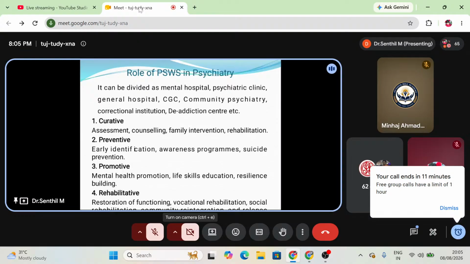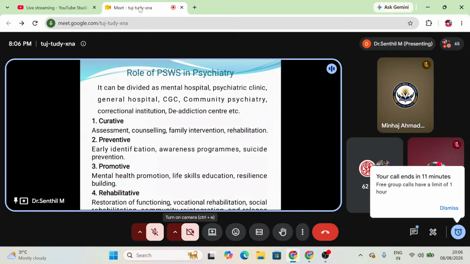So what is curative? The curative role focuses on the person who already has a mental health problem. So we begin with an intake interview. We do a proper interview to understand the patient's problem. And we also do a psychosocial assessment, which helps us understand the patient's problem in the psychosocial aspect so that we can provide psychosocial interventions.